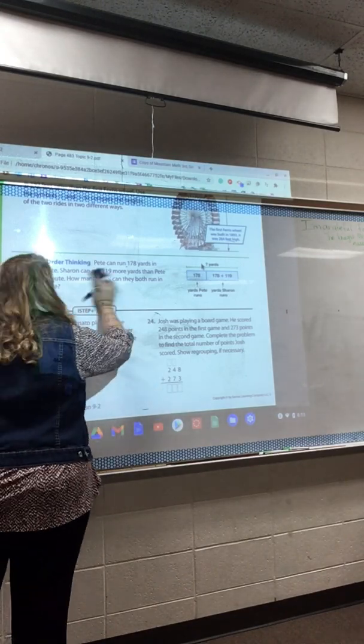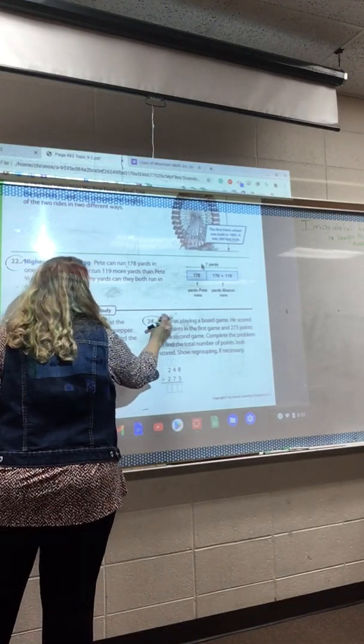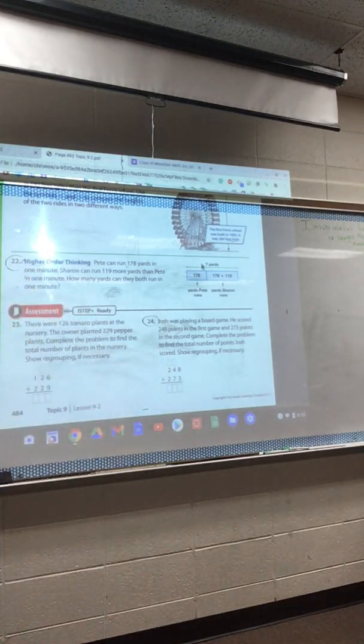Okay, so we saw this today. We have one kind of like 22, and we have one kind of like 24. Higher order thinking is when we use what we know in a couple steps extra, because we got to think about it. It's not just memorized information, okay?